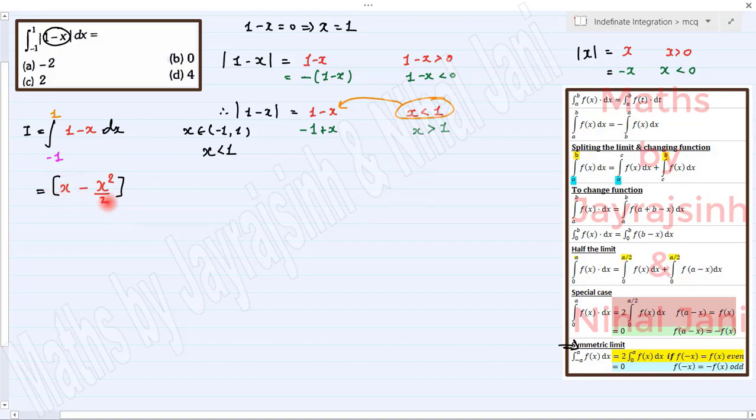Limit is from -1 to 1. Let's substitute the upper limit. We will get 1 minus 1 by 2. And if we substitute the lower limit, we will get -1 minus 1 by 2. So our final answer will be 2, which is given in option C.